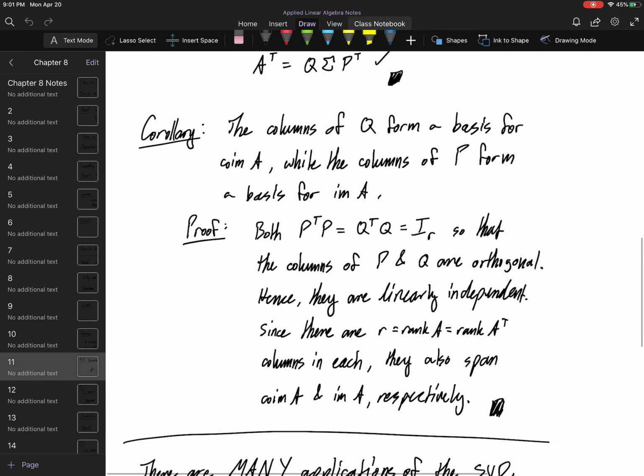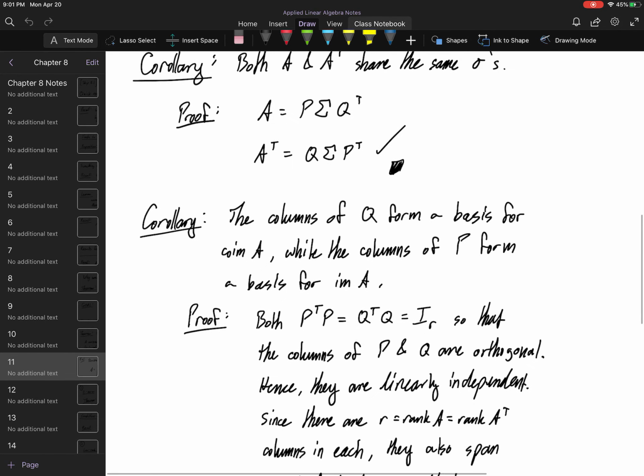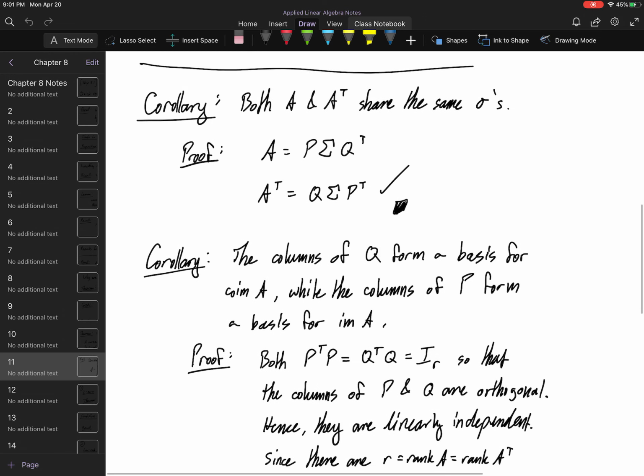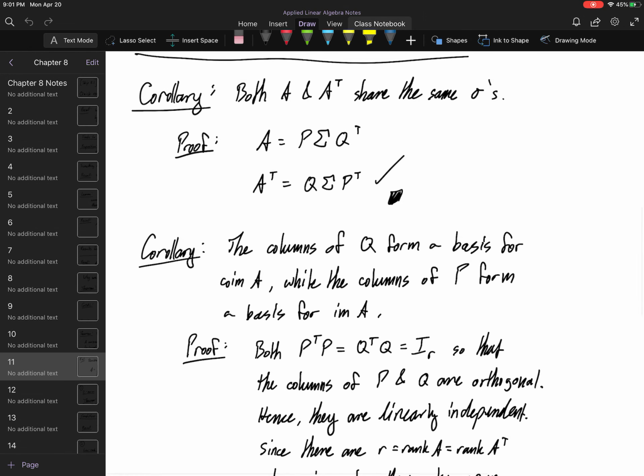Right, and the last thing to talk about before we stop that section, before we go into applications, some things to note. A and A transpose share the same singular values, but they don't necessarily share the same principal vectors. In fact, they're kind of opposed to each other. They are transposed versions, effectively.